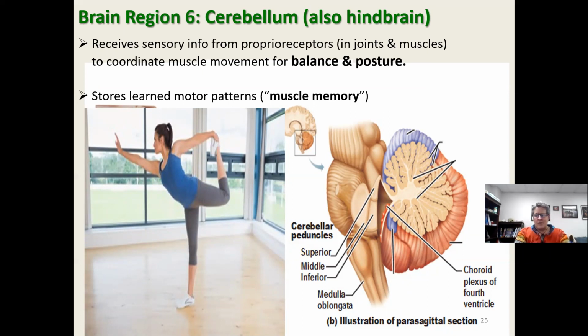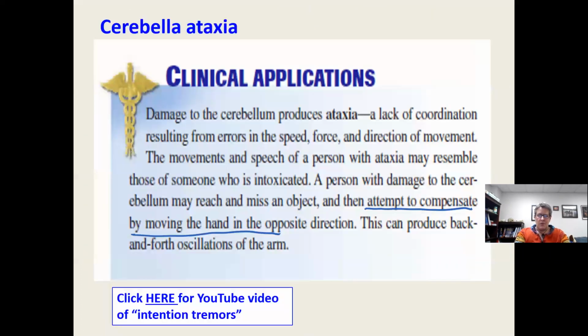Okay. Now, people who have damage to their cerebellum, maybe from brain injury, from a stroke, or maybe they were born with it, okay? Damage to the cerebellum can lead to motor deficit, all right? So, cerebellar ataxia. Ataxia is basically uncoordinated muscle action, okay?